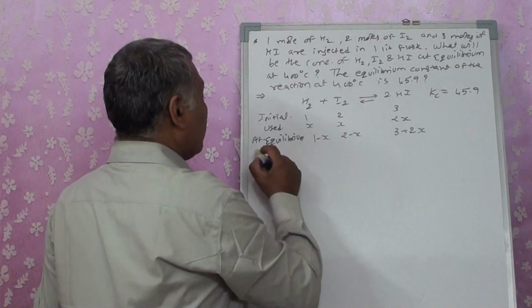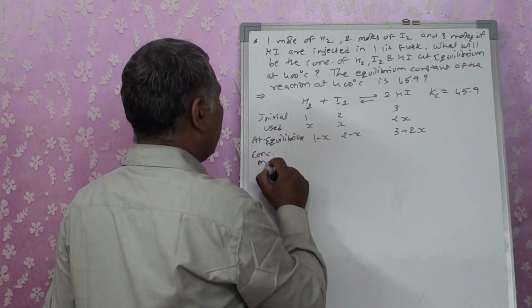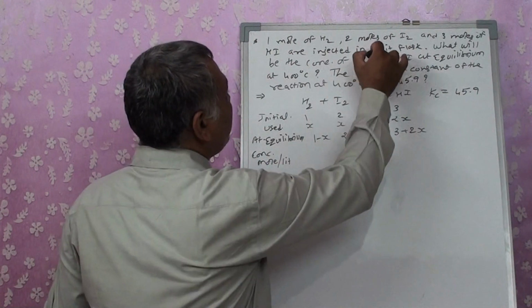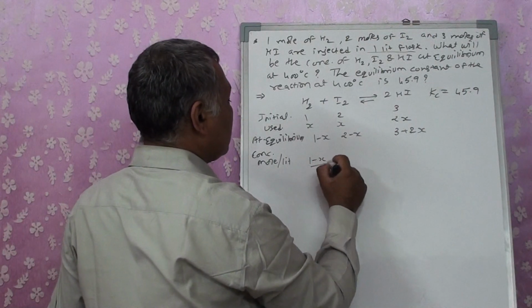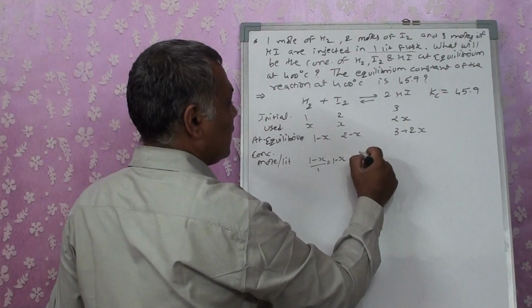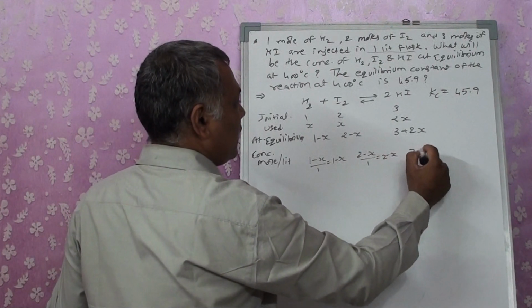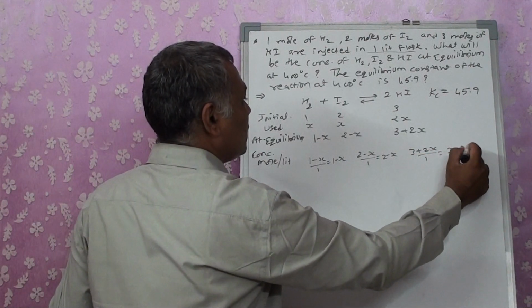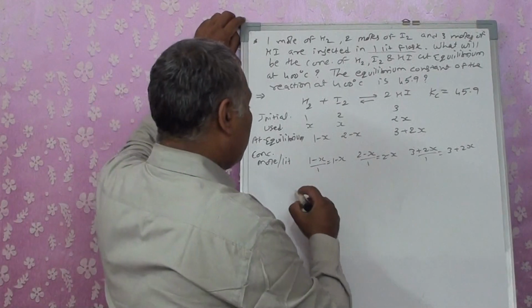Now concentration, as we know, we calculate as moles per liter. The volume is a 1 liter flask. So 1 minus x by 1 is 1 minus x, 2 minus x by 1 is 2 minus x, and 3 plus 2x by 1 is 3 plus 2x. Right? So we got the concentrations also.